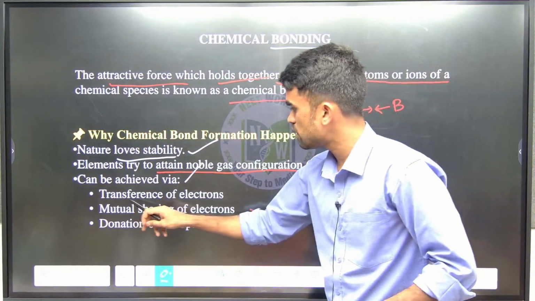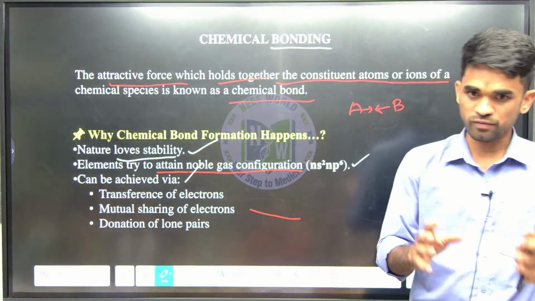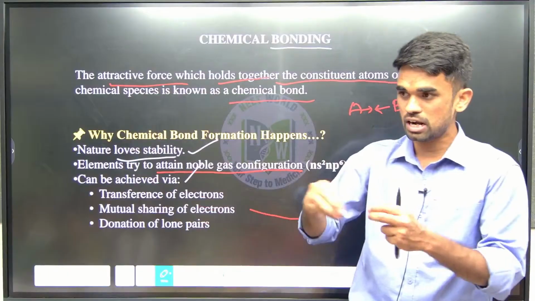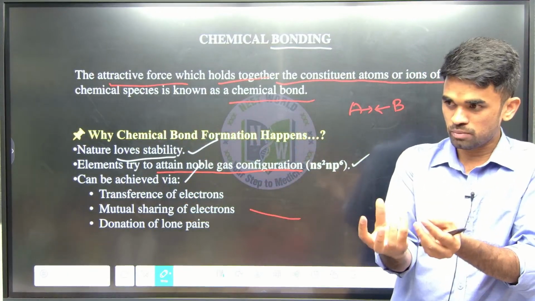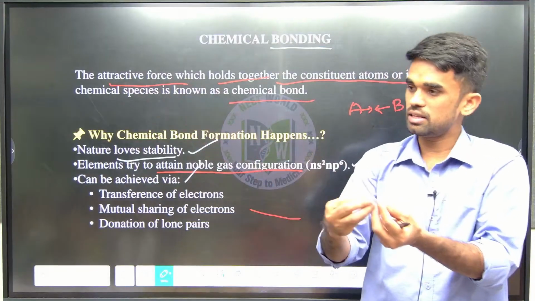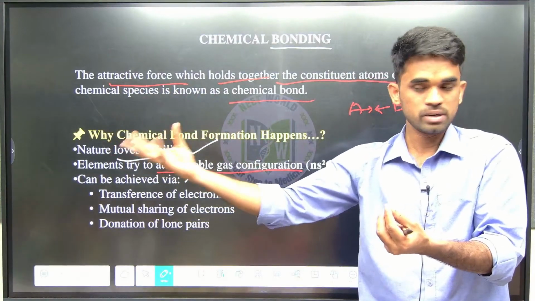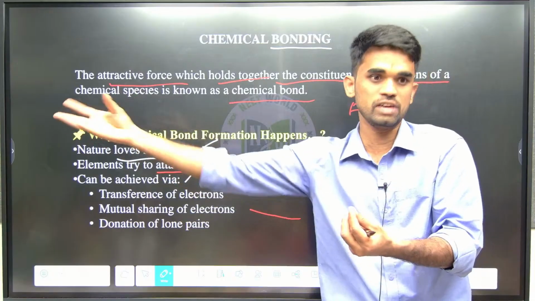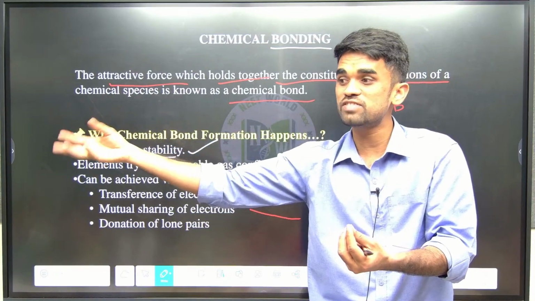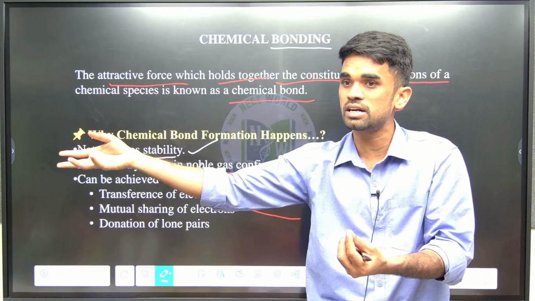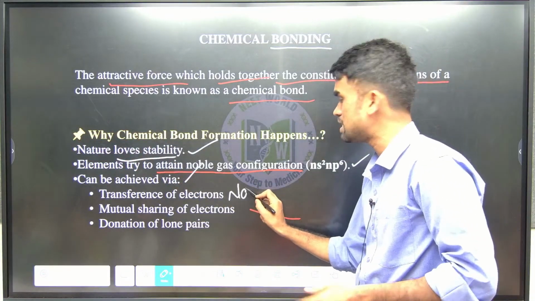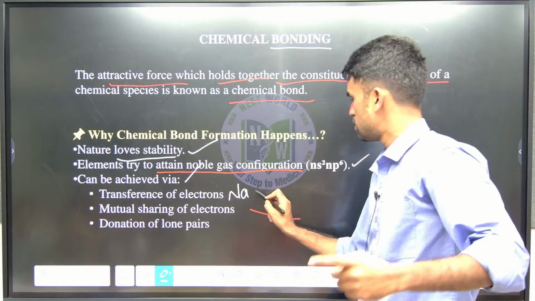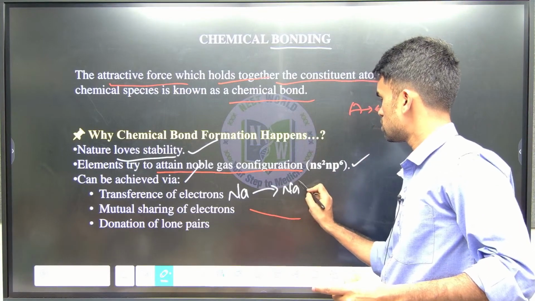Okay, see, transfer of electrons. It means that fellow completely loses its electron, like transfers the electrons. Transfer means completely given. So which elements will make that kind of scenario? Where do you see that? S block elements, like sodium will transfer its extra electron and becomes plus.